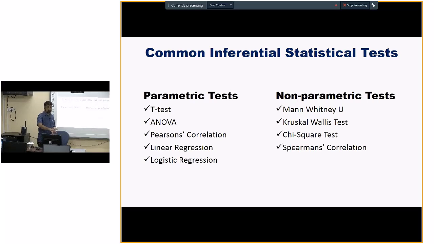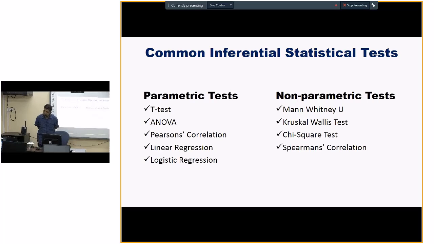There are a number of common statistical tests, descriptive as well as parametric and non-parametric statistical tests. How to identify that type of statistical test, that is the most important thing, right? Now if I ask you a question, briefly tell me your research topic, can you identify the statistical test?